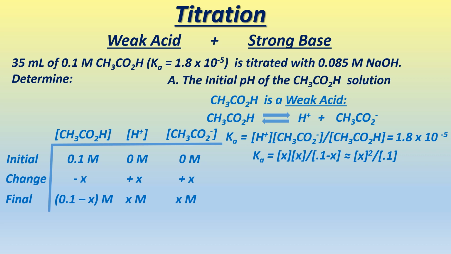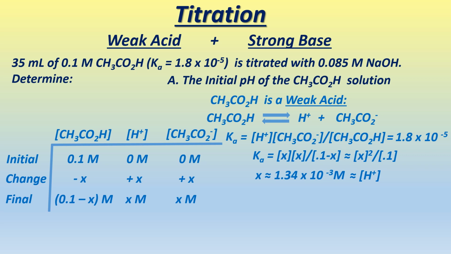One can attempt to simplify this by making the assumption that X is going to be a very, very small number. Therefore, 0.1 minus x can be rounded off to 0.1. Doing this, we get an initial concentration of H+ of approximately 1.3 times 10 to the minus third molar.